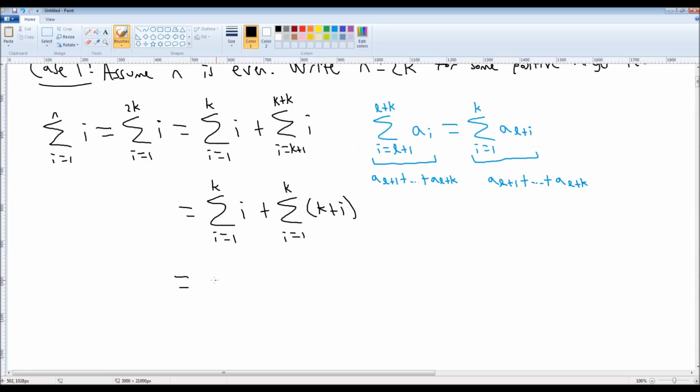Let me show you how we can do that. We can rewrite it as the sum that goes from 1 to k of k plus 1 minus i for this sum.